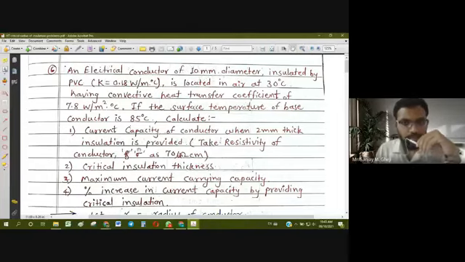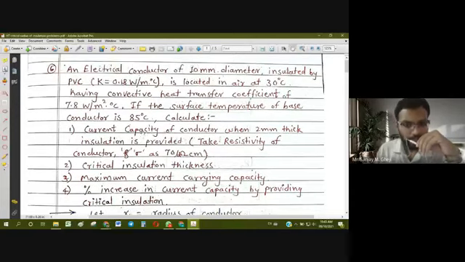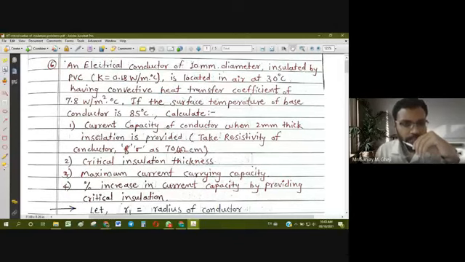From the diameter we can find the radius, and the surface temperature of the conductor is given as 85 degrees Celsius. So first, the current capacity of the conductor when 2 mm thick insulation is provided. The wire diameter is 10, and over that a 2 mm radial thickness of insulation is provided.